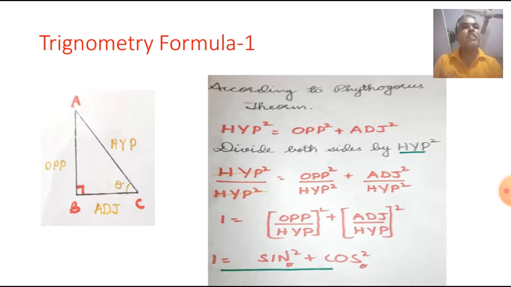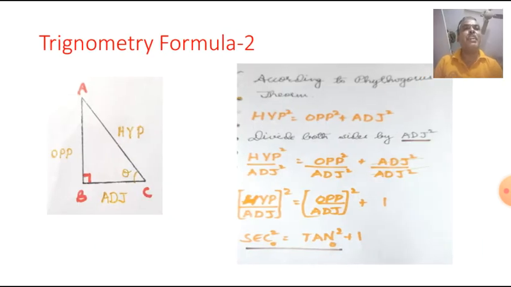So let us move on to the second formula. Let us see what it says. Here also the same thing repeats. We have right angle triangle ABC, in which AB is the opposite side, BC is the adjacent side, AC is the hypotenuse side. If you apply the Pythagoras rule, what do we get?